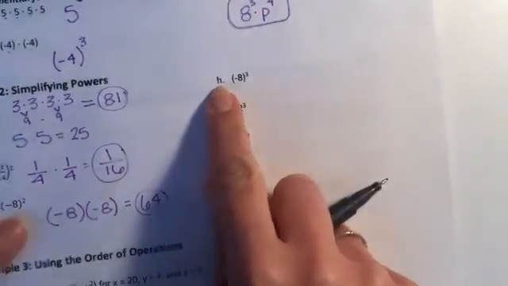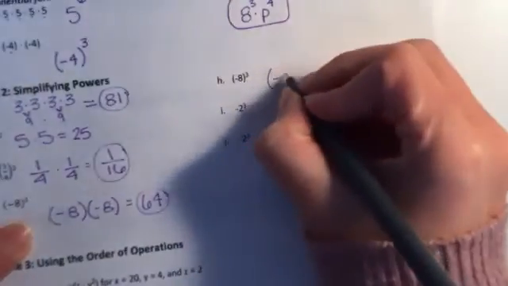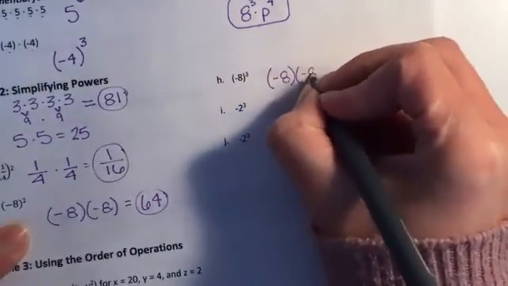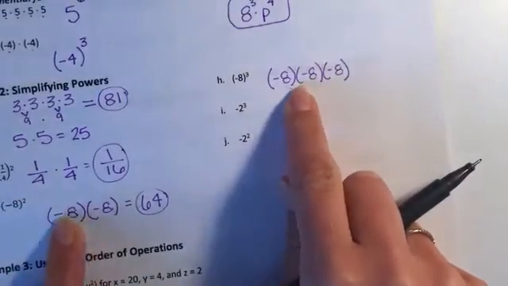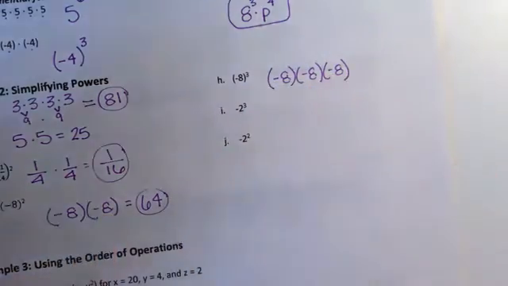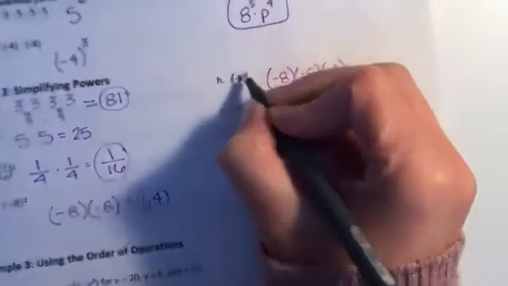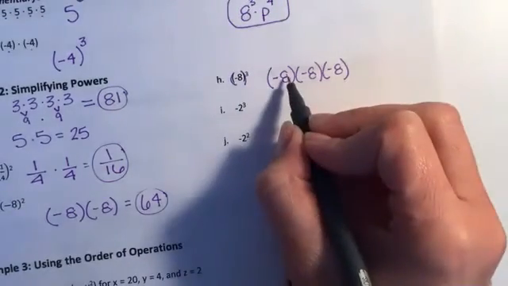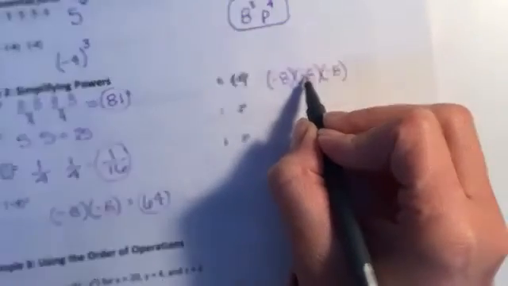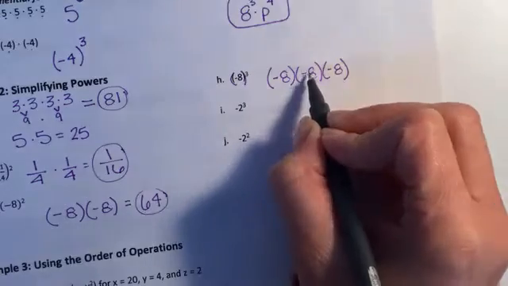Letter H, we've got a -8, and it's in parentheses, but we have 3 of them. So notice that in these two problems, the negative is carried with however many 8s we have. That's because we have these parentheses around the -8. So I have a negative times a negative, which would give me a positive, but then you have a positive times a negative.